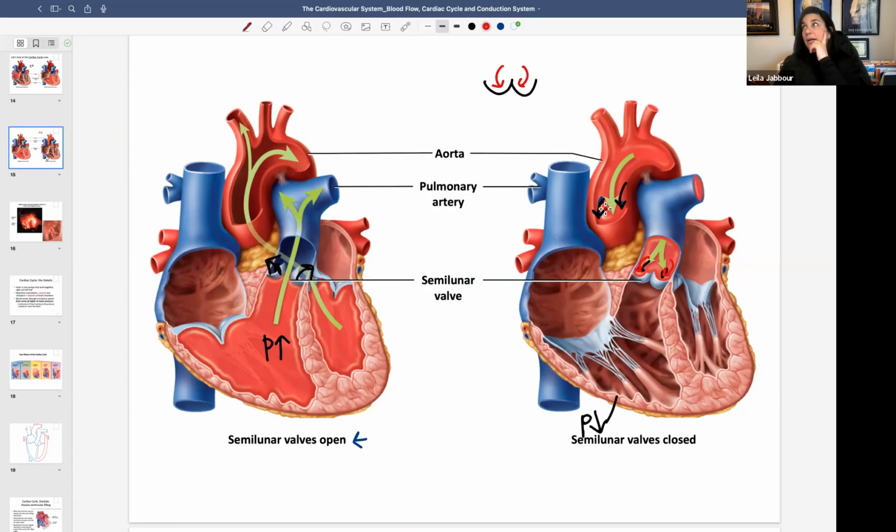And I don't remember if I mentioned it when I talked about the coronary circulation, the coronary arteries that are coming out at the base of the aorta. When the blood goes to the coronary arteries, it's actually during that drop in pressure in the ventricles, because the blood comes backwards.